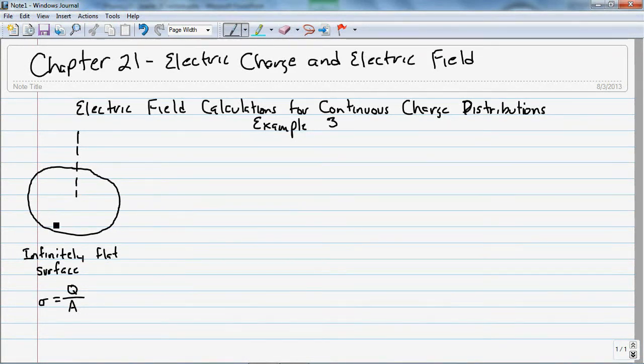When we talk about a surface, we can look at it as a circle. The easiest way to do an integral is to start with a circle.